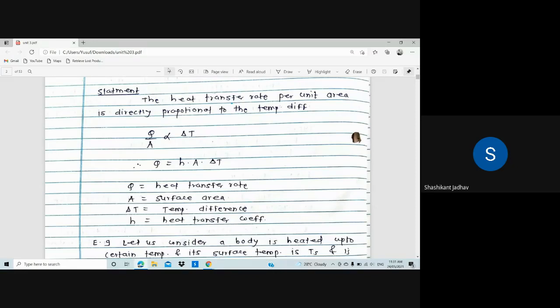Write down the meaning of each term. Q is the heat transfer rate.